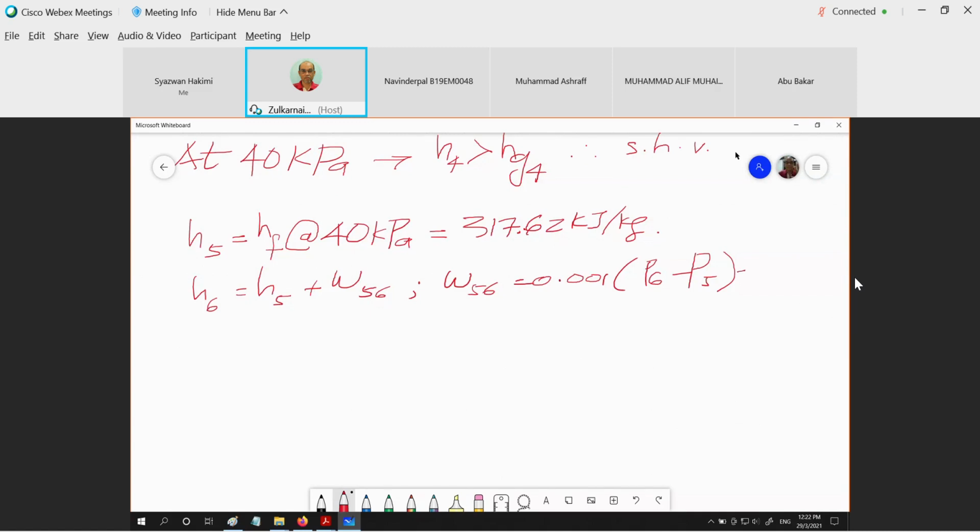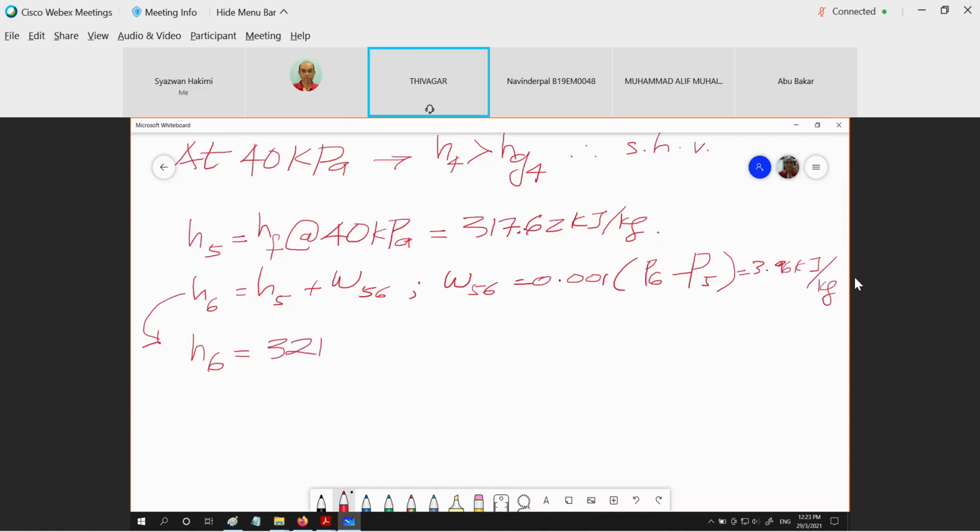Can you give me the value of W56? 4,000 minus 40 multiplied by 0.001 should be 3.96 kilojoule over kilogram. Then we get H6, which is 317.62 plus 3.96. So what is our H6? 321.58 kilojoule per kilogram.